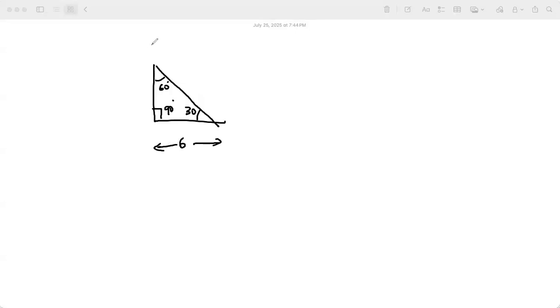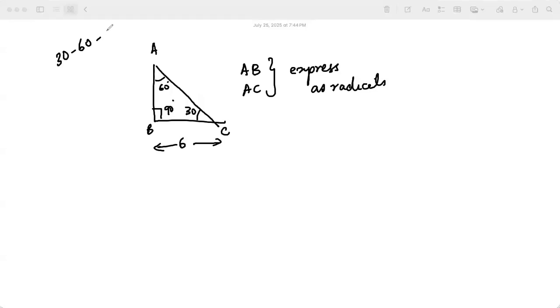What are the other two sides? A, B, C. What is AB? What is AC? Express as radicals. This is a 30, 60, 90 triangle. Once you finish this, 45, 45, 90 is so easy. Once you cover this nicely, that's going to be very easy.